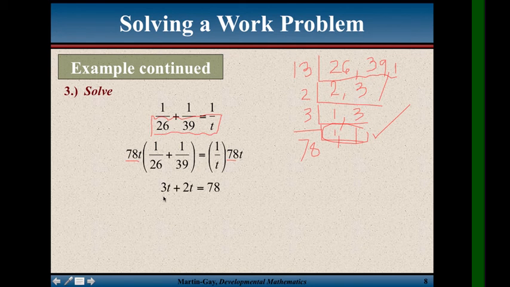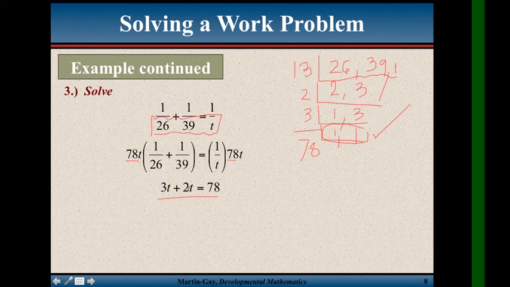Okay, paano nakuha si 3T plus 2T equals 78T? So, ganito lang kadali yan. Okay? 78 divided by 26, and that is 3. 3 times 1 is 3. And then, copy letter T. 78 divided by 39 is 2.